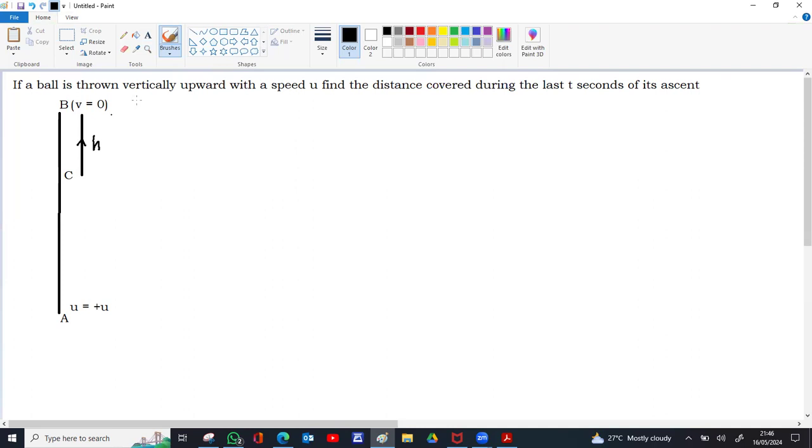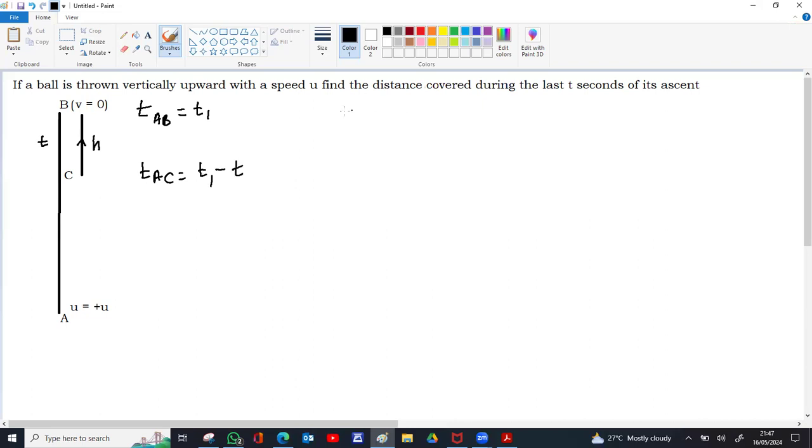The total time for AB we can find, or take as T1. So the time for AC will be 3 seconds less, so the last 3 seconds will be T1 minus T.